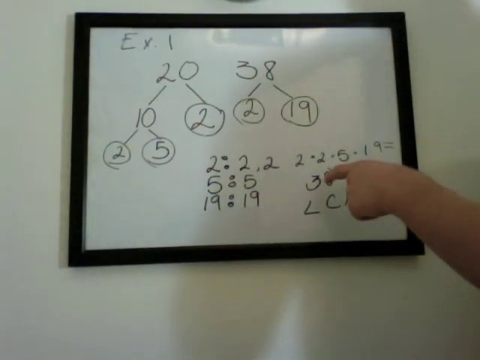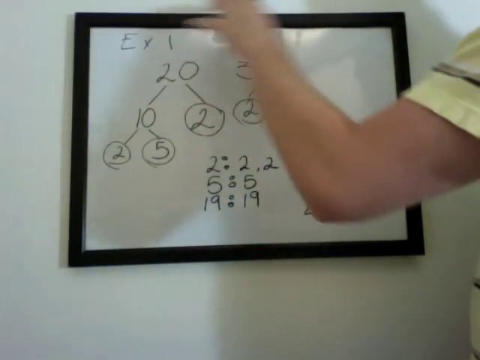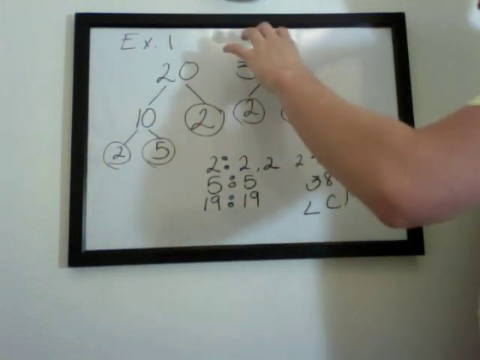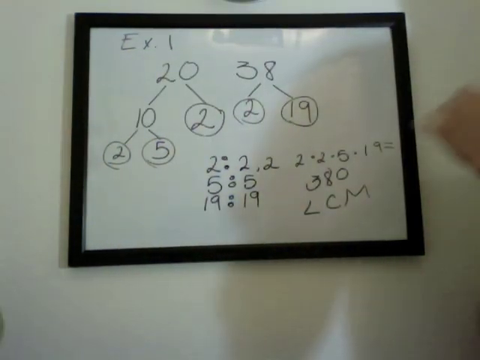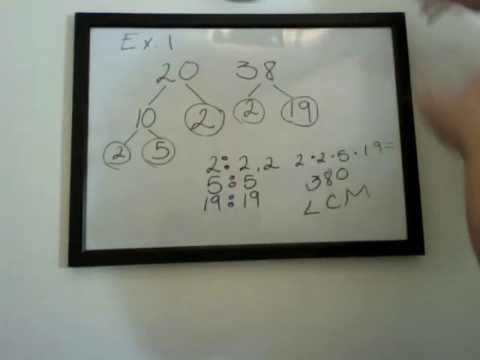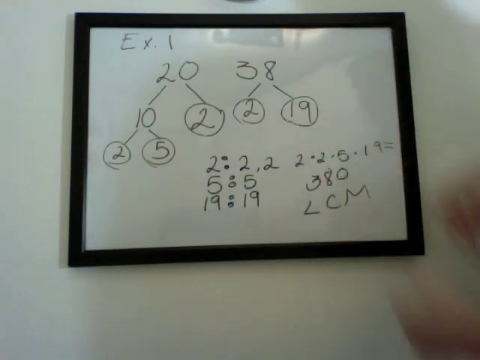So don't forget, when you take multiples of 20 and make a list of those, all the way up to whatever number you want to stop at, and you take the multiples of 38 and make a list of all those, you'll see that those two lists will have certain numbers in common. And the lowest number that they have in common is 380.